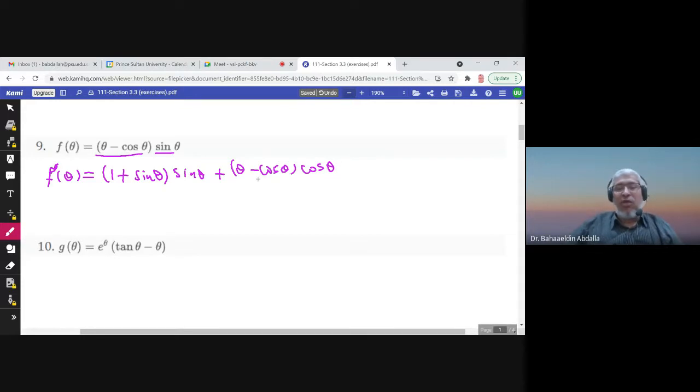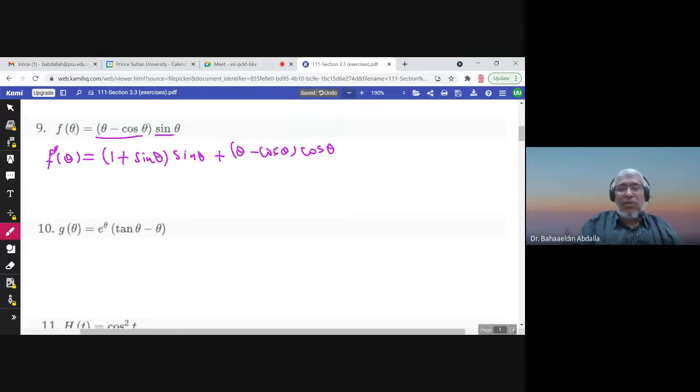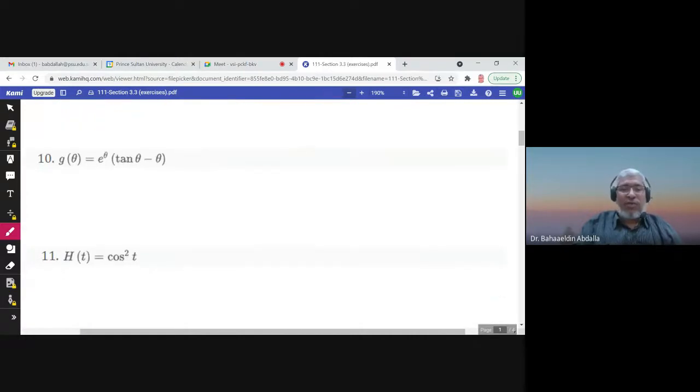Okay, I will leave it like this. You can expand if you like. I don't think there is anything to simplify, because here this is sine square and this is negative cosine square. If it were sine square plus cosine square, then it would be 1.